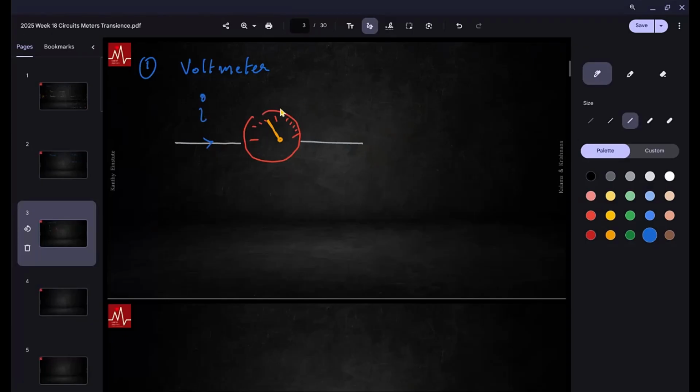And this meter deflection gives voltage. Okay, somehow this is set up so that this shows the voltage at the terminals.